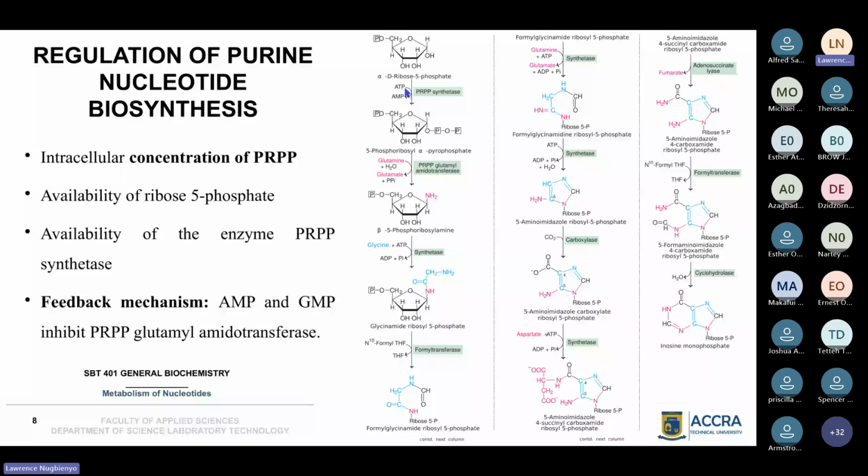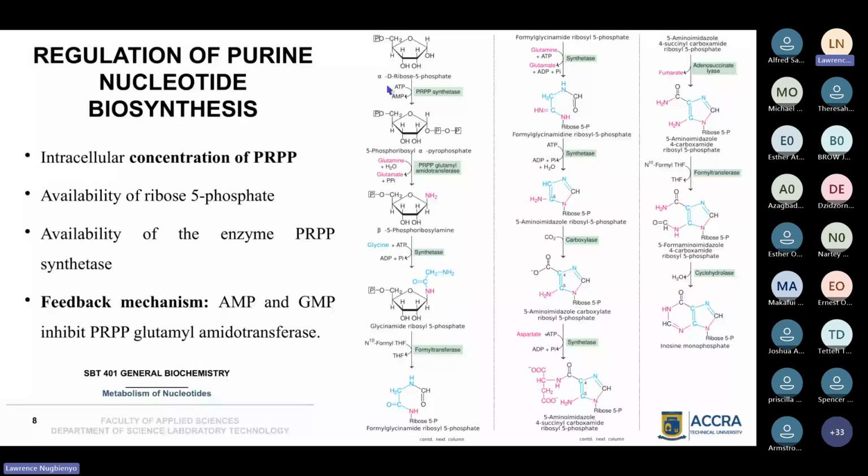for the first reaction to occur, because you need an ATP from which the two phosphate groups will bind onto the phosphoribosylate to give you its phosphoribosylate before the glutamine comes in. So if you are having a lot of the monophosphates and less of ATP, the triphosphate, then the reaction shouldn't go on, making use of more energy.